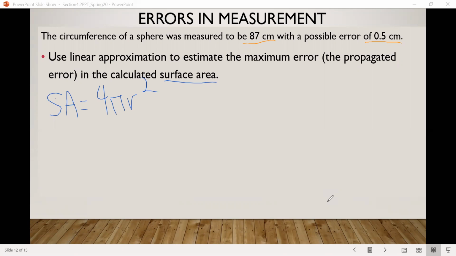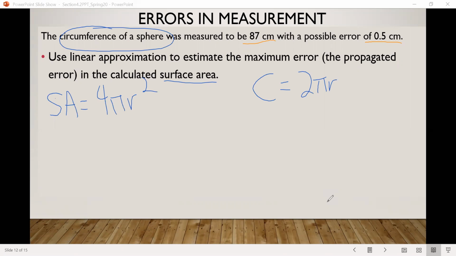Okay. And then they also say that they've measured the circumference of the sphere, which means that maybe the formula for circumference is going to come in handy here. And what's our formula for that? All right, that's 2 pi r. Okay. And now we can get to work.